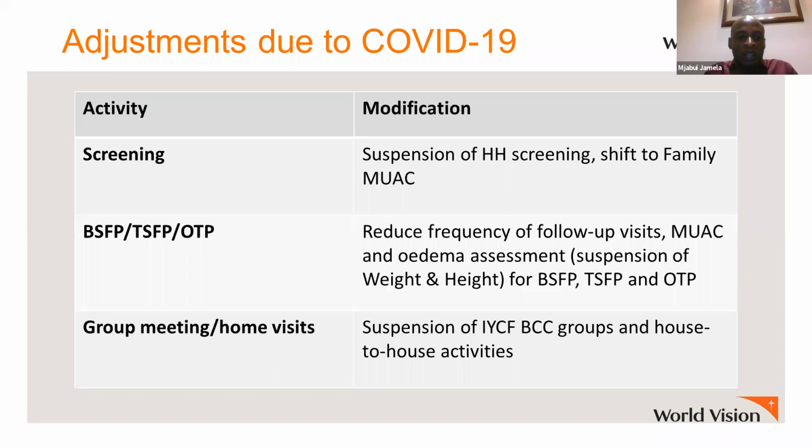And also for blanket supplementary feeding, targeted supplementary feeding and OTP, we reduced the frequency of follow-up visits to bi-monthly for BSFP, monthly for TSFP, and also we are working on transitioning to monthly for OTP, anticipating that access might be a challenge as we go ahead.